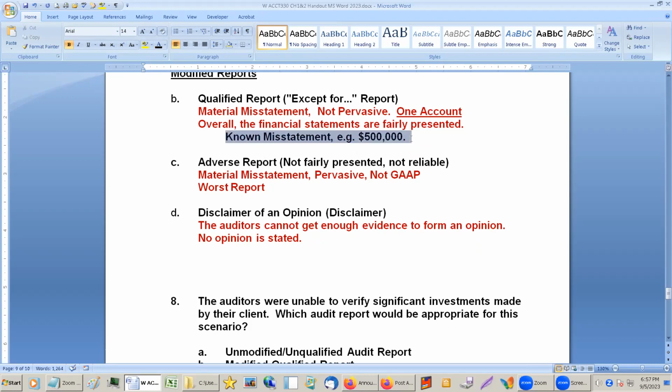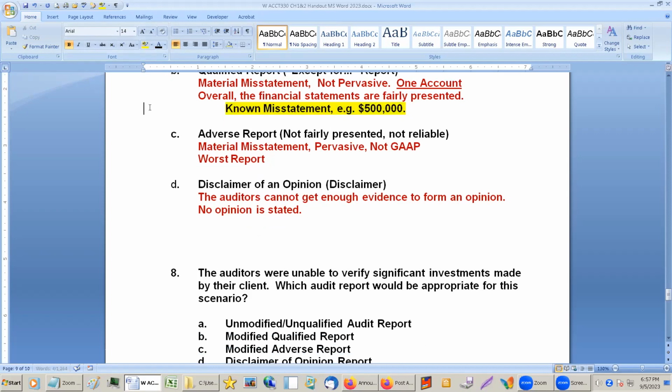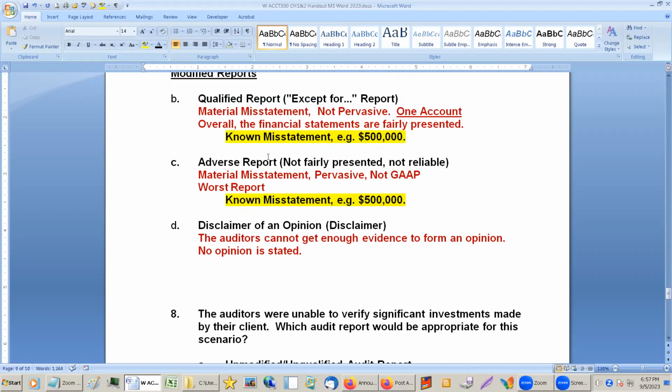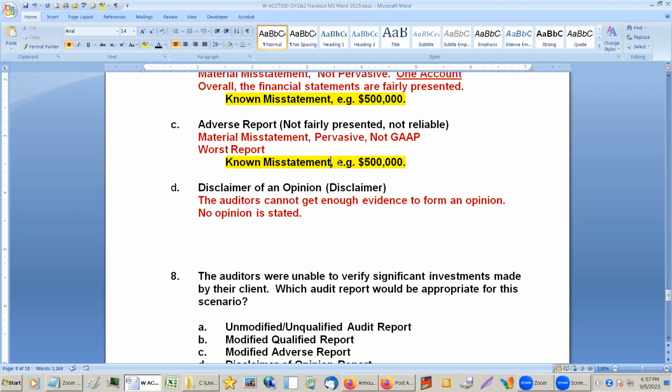Qualified report and adverse report all have the unknown misstatement in them. We'll find the misstatements. We could have more than one.